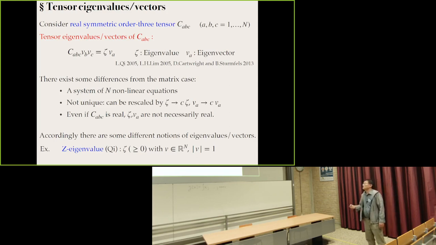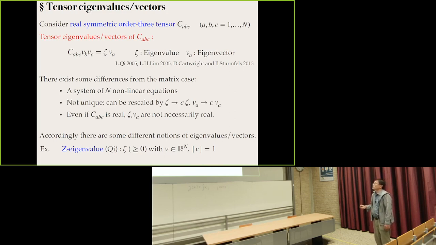There exist some differences from the matrix case. In the matrix case, the eigenvalue problem is a linear equation, but in the tensor case, it is a system of n nonlinear equations.